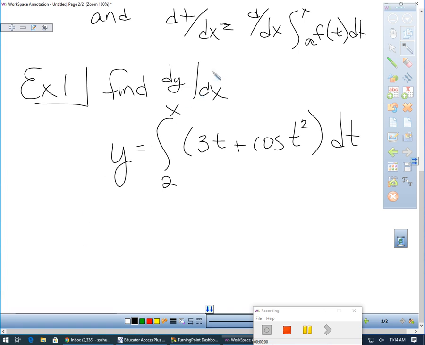This right here tells you it wants the derivative with x in it. Where in this problem is the derivative? It's inside the integral, isn't it? So our answer, dy dx, or y prime, equals 3x plus cosine x squared.